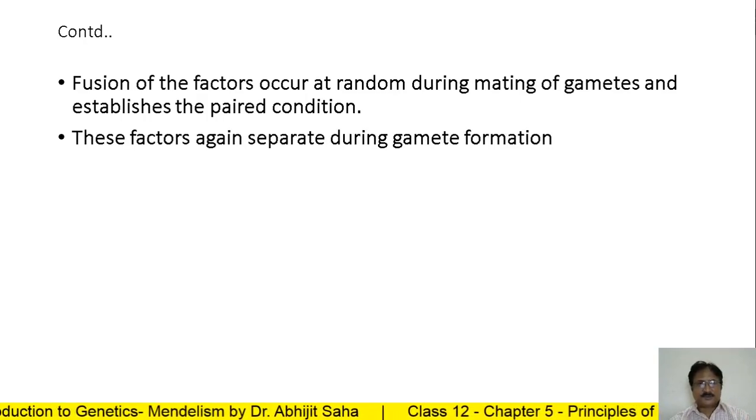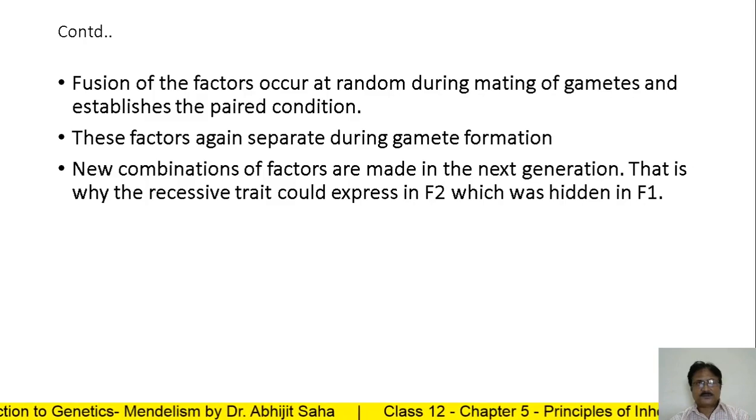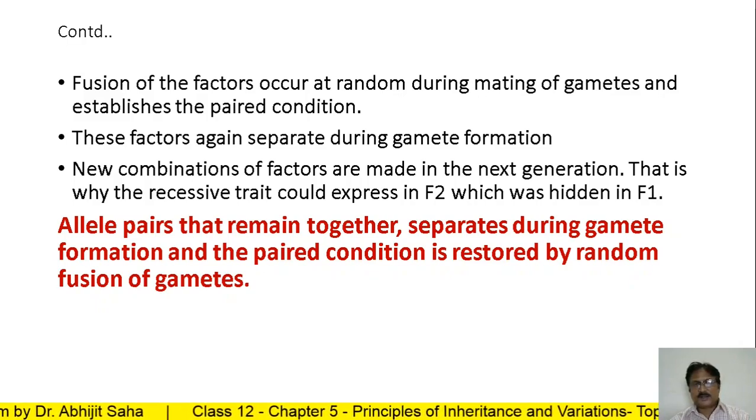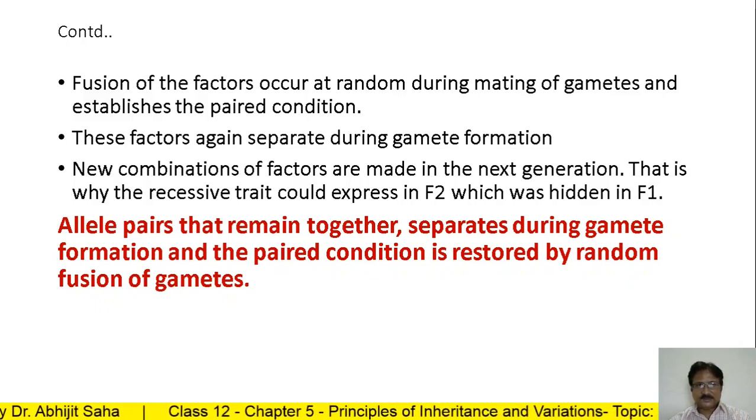So this separation of factors during gamete formation in any generation is actually segregation. So allele pairs that remained together separate during gamete formation, and the paired condition is restored by random fusion of gametes. This is the actual law of segregation.